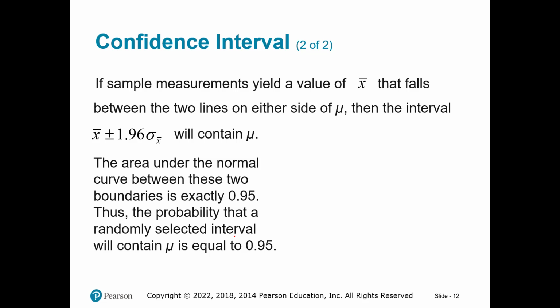So if a sample measurement gives a value of x bar, meaning the sample average, that falls between the two lines on either side of the mean, then the interval x bar plus or minus 1.96 standard deviations of x bar will contain the population mean.